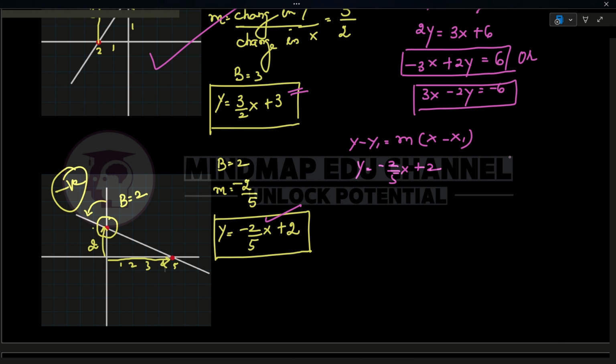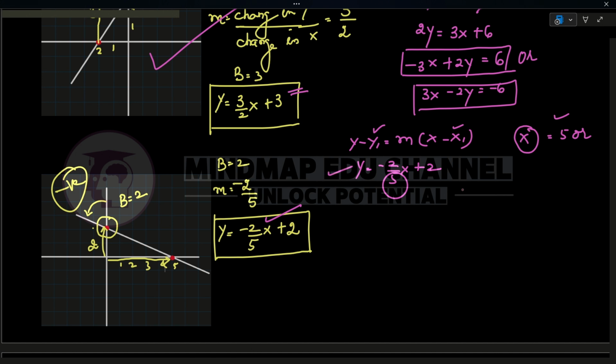Now, here pick any value. Now, here we want the value for y1 and x1. So, pick any value for x, either 5 or multiple of 5. Why so? Because here we have a denominator 5. So, we will take either 5 as an x value or multiple of 5 and substitute in the equation.